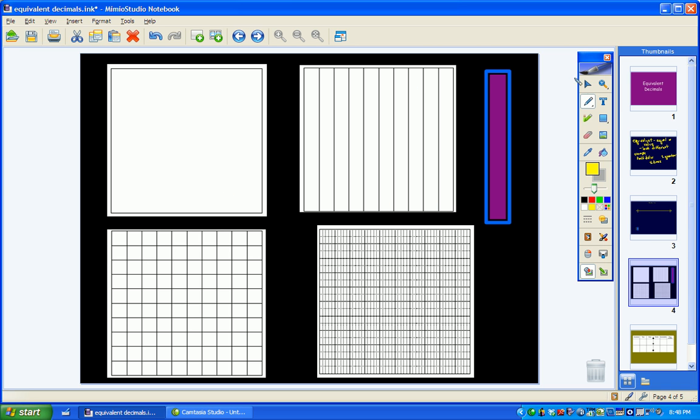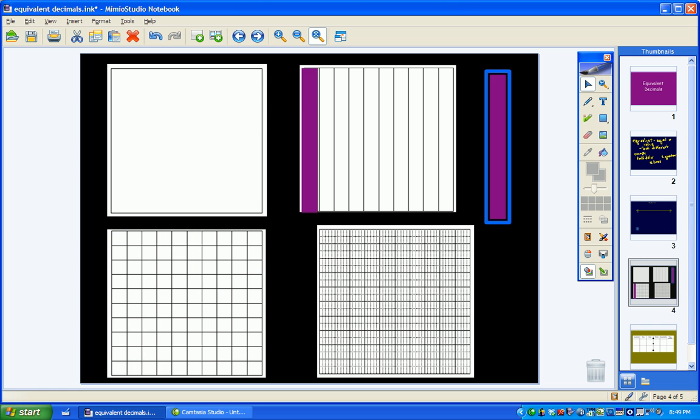If I had 1/10, I could also show you how 1/10 is the exact same thing as 10/100ths, because this was our 1 whole, these were our tenths, hundredths, and thousandths. This is from a previous video. And looky here.